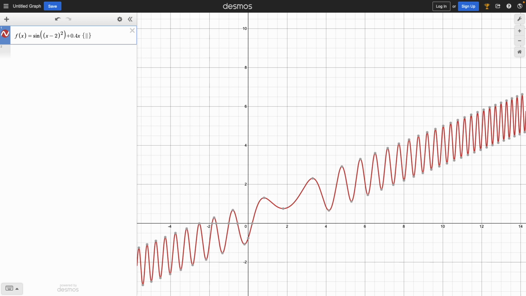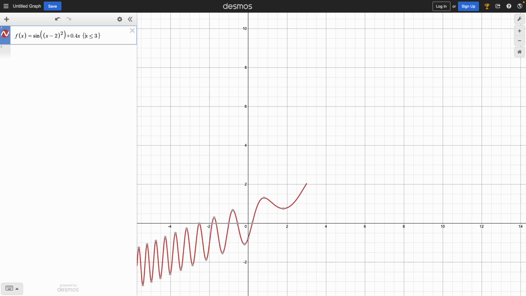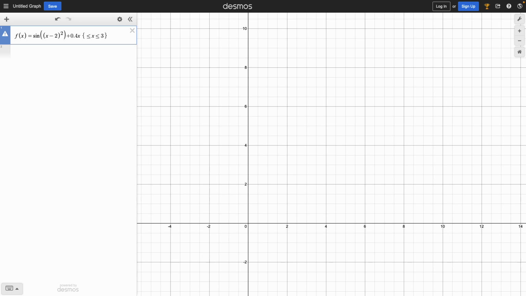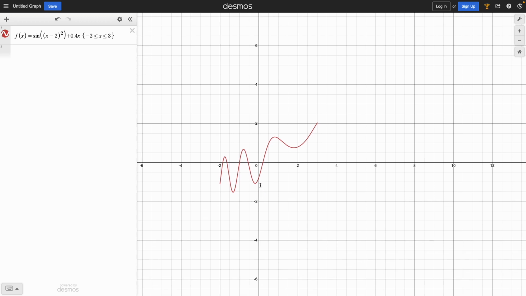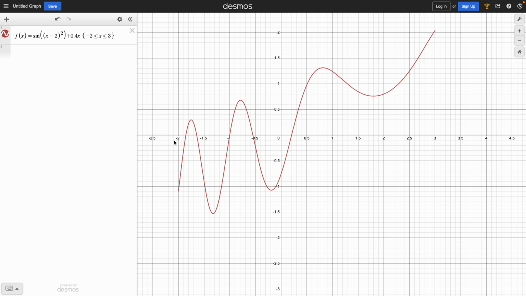And then I'm going to put in some conditions here. Let's say that x is less than or equal to, say, 3, and greater than or equal to -2. Something like this. So I just sliced the graph, and according to this domain, my x's start from -2 and end at 3.